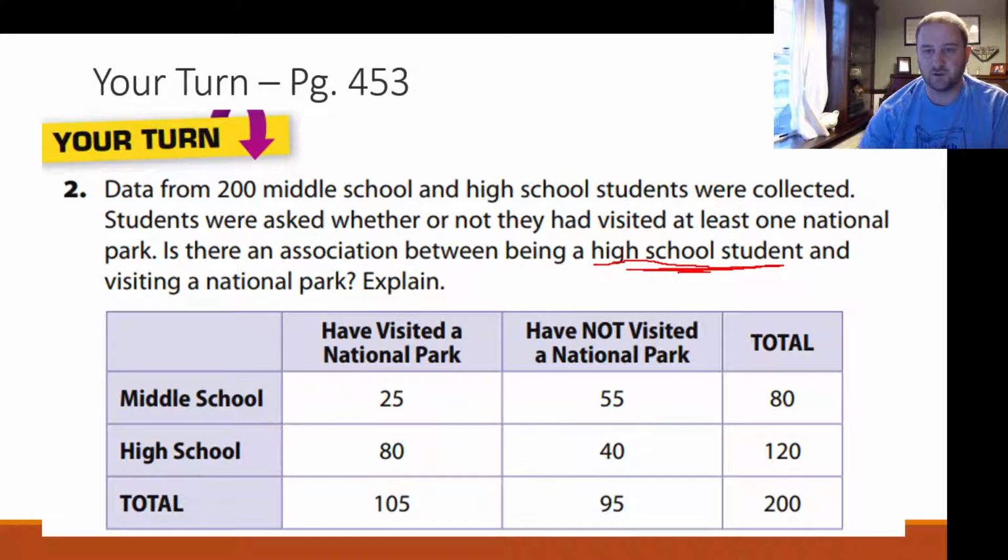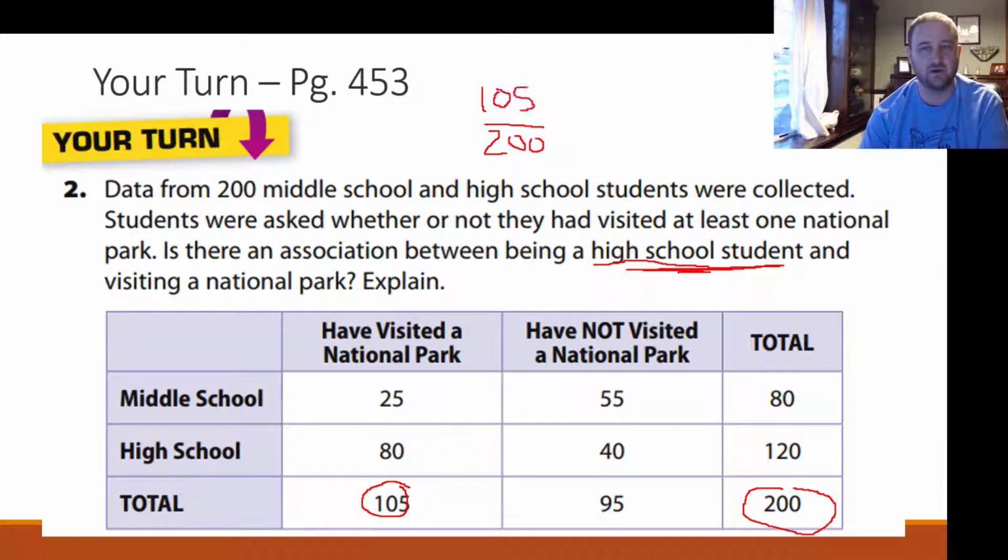First, the relative frequency of visiting a national park. The total number of students is 200, so that's going to go on the bottom here. The total number of students that have visited a national park is 105. So 105 out of 200.